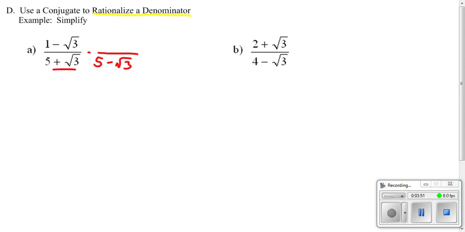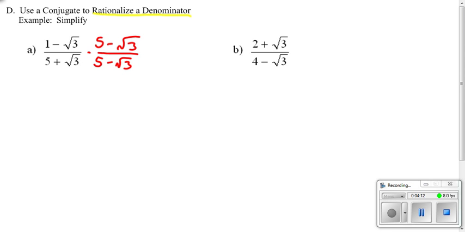And we're using our bottom one, remember, the denominator, because that's the one that we need to rationalize. Now, anytime that we multiply our fraction here to rationalize it, we need to make sure we're multiplying the same thing on bottom as we are on top. So this also needs to become 5 minus the square root of 3.